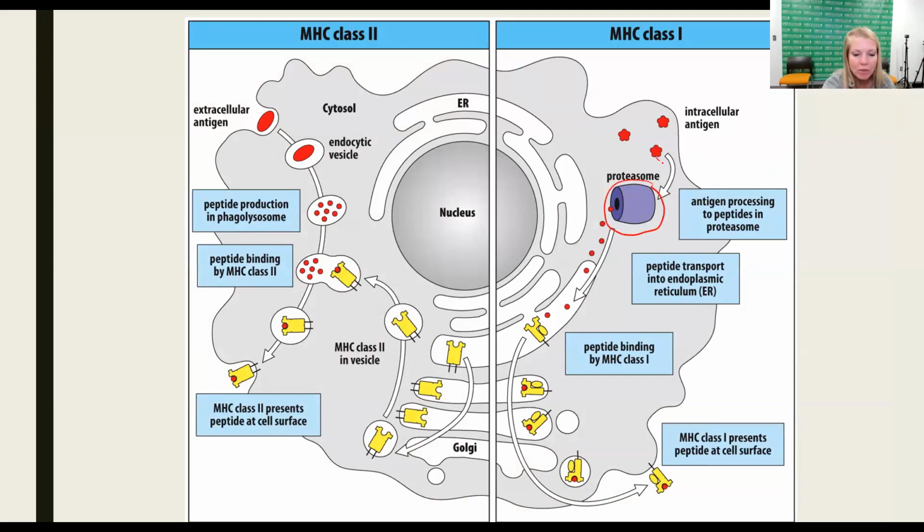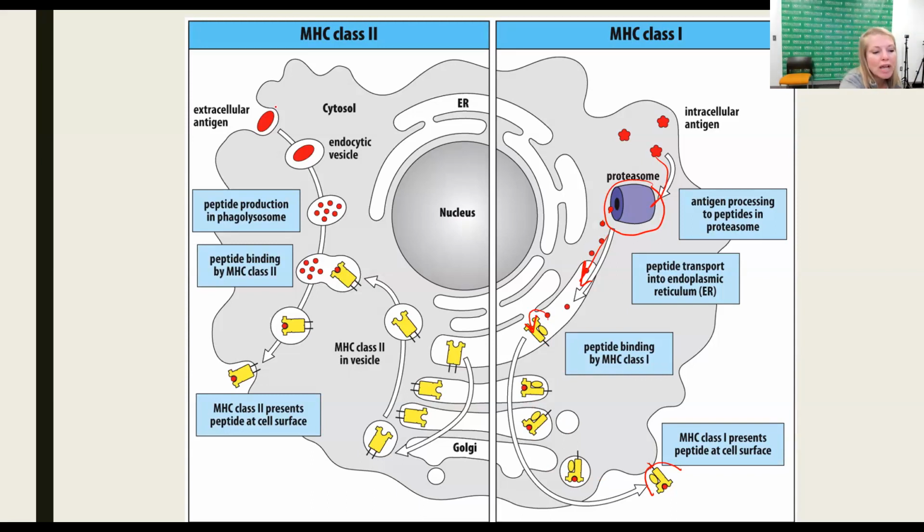It's a protein complex that will take up any intracellular pathogen, viruses, chop them up into tiny little peptides, move them into the ER, and that is where the MHC class 1 is going to pick up and load that peptide onto its little loading zone, and then it will be moved to the surface of the target cell, presenting this processed peptide from an intracellular pathogen, saying, hey, I'm infected. Look at this protein I have in me. CD8 positive T cell, come find me and kill me.